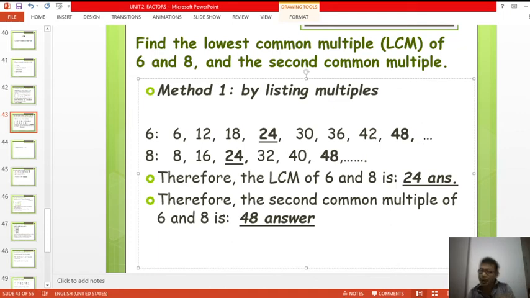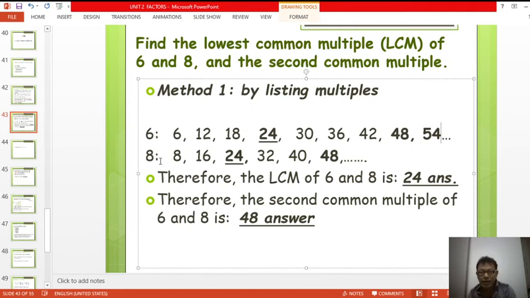So 6 times 8 is 48. 6 times 9 is 54. Right? After that, I will move on to the other number that is given in the problem.